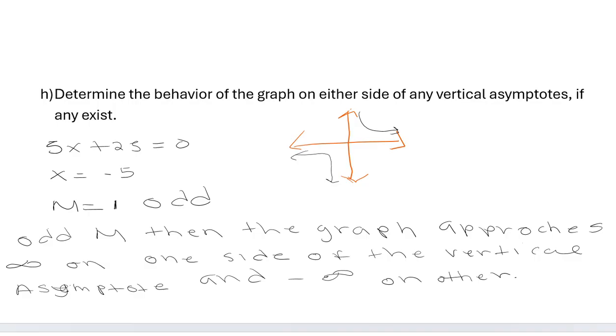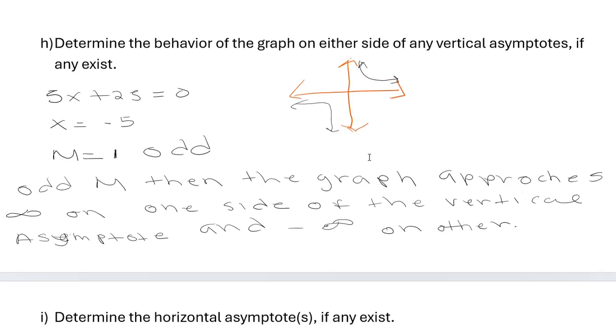They're supposed to be the same, but you guys know my bad drawing. So with odd multiplicity, the graph will approach positive infinity on one side of the vertical asymptote, and negative infinity on the other side. Now let's go to the next part.